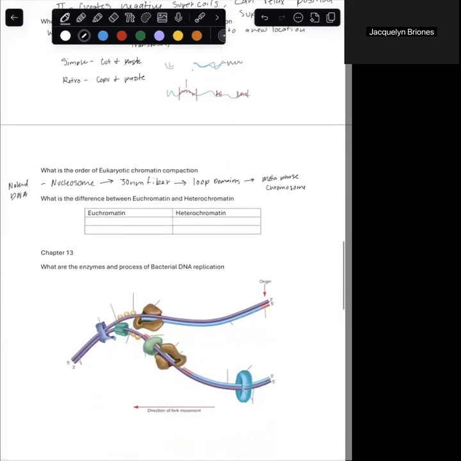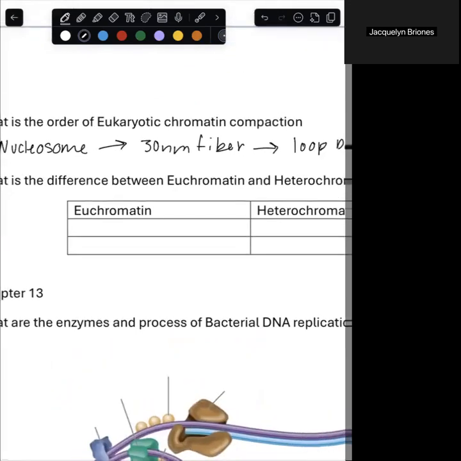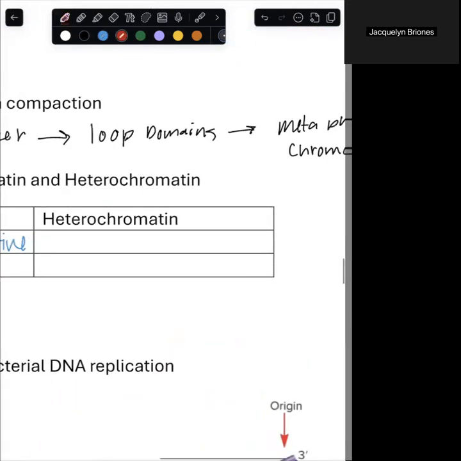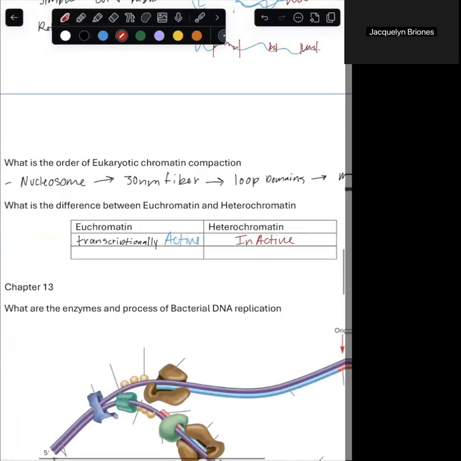Okay. Difference between euchromatin and heterochromatin. So euchromatin is transcriptionally active. Heterochromatin is transcriptionally inactive.